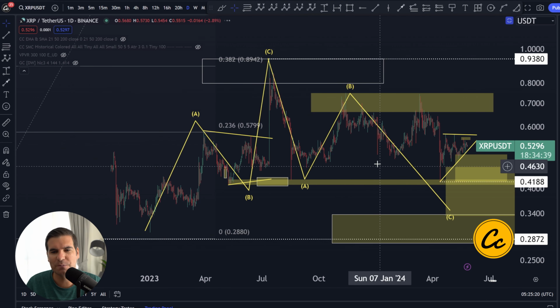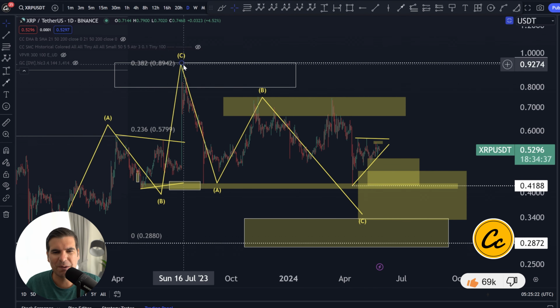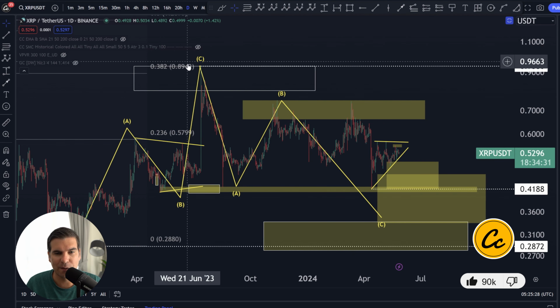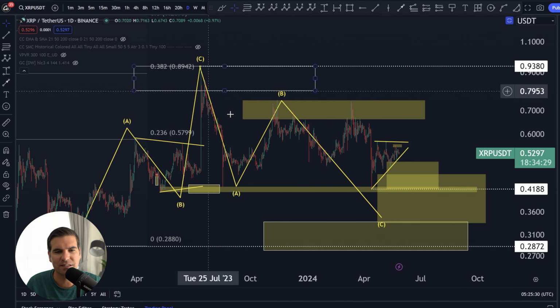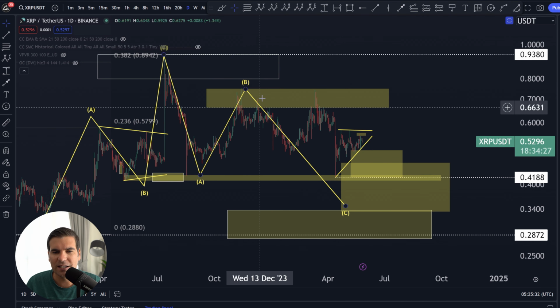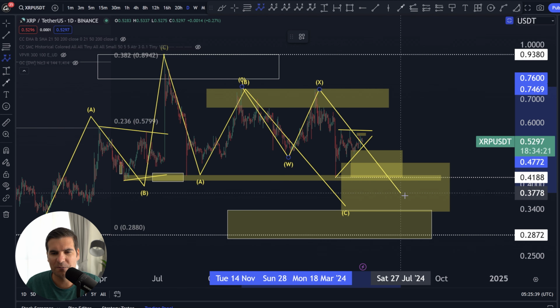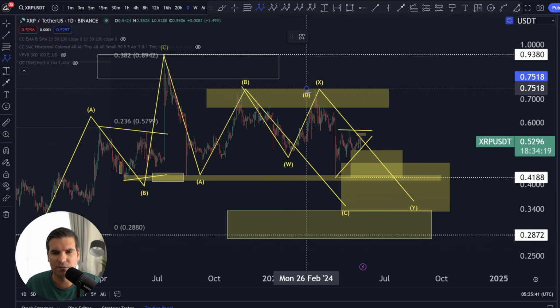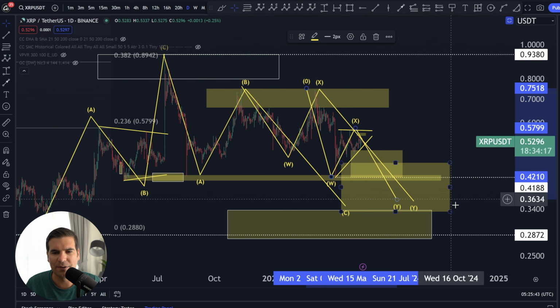Okay, this is a part of a much bigger three-wave pattern that spans all the way from the highs of July 2023. That was the 93.8 cent high that we absolutely nailed back then with that fantastic three-wave move to the upside. And here we are looking for a three-wave move to the downside. This, you can see, would be a giant three-wave pattern like this, with another three-wave pattern just forming right now inside there.